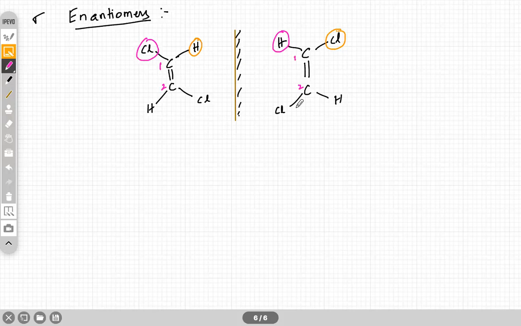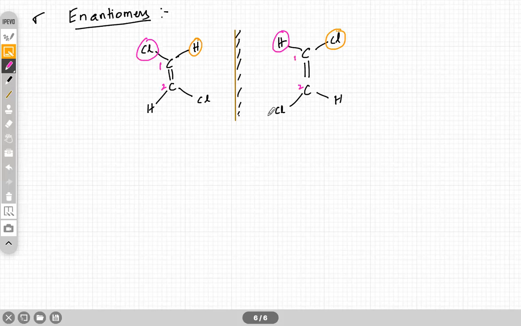Yes, ethene is superimposable, you can say that. This one is not superimposable, right? So write down the next point here. If you take an equimolar mixture of both compounds, this is not superimposable.